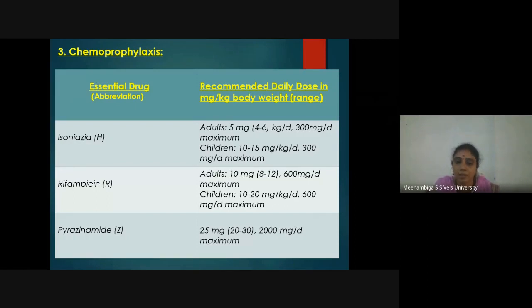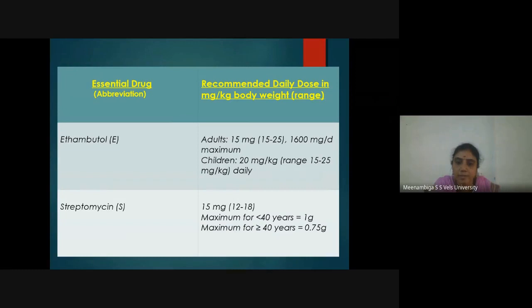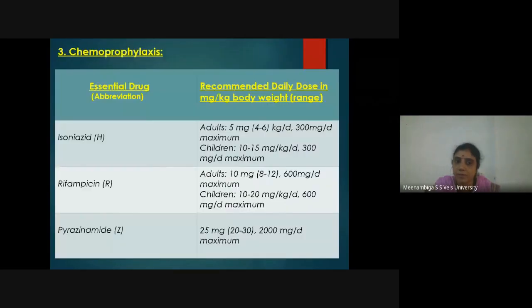Later they will be giving other drugs like pyrazinamide, ethambutol, streptomycin. But the first line of drugs is isoniazid and rifampicin. If they ask what antibiotic is generally used to treat tuberculosis infection, it is isoniazid and rifampicin. We should not forget this. You need not study the doses, just study the names. Okay.